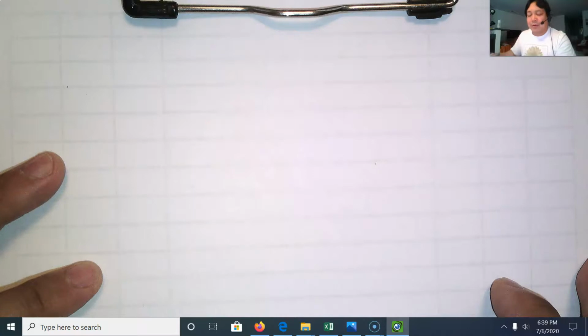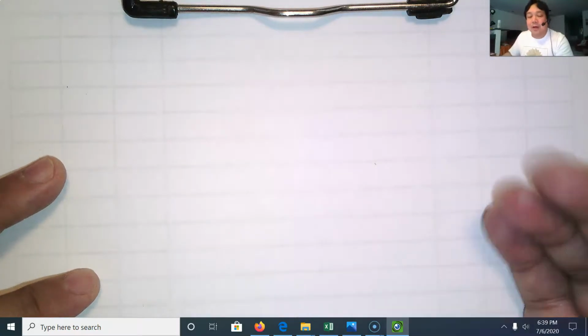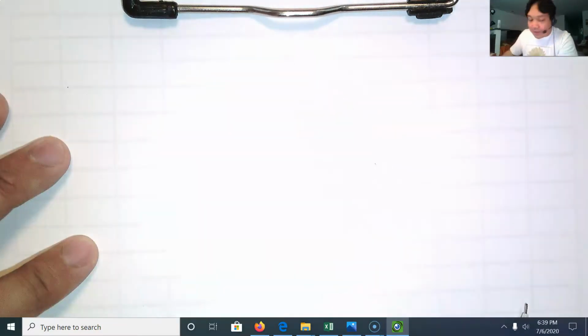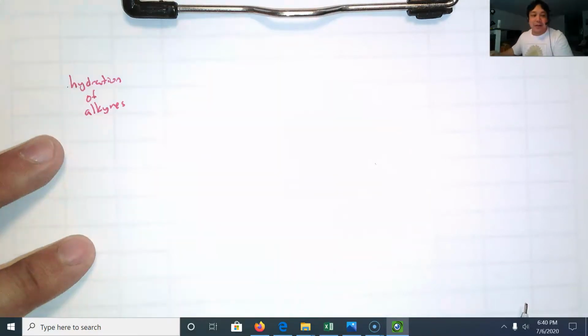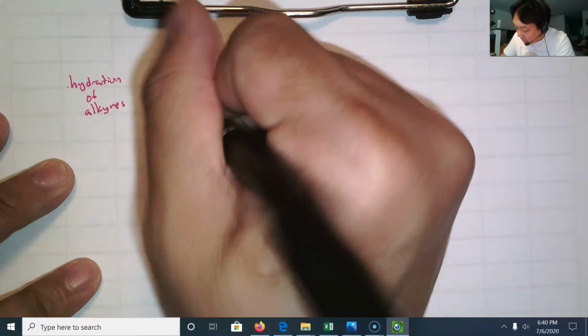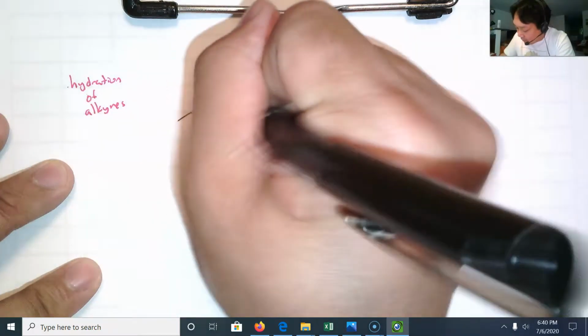So you'll need to make flashcards, and if you think you're going to forget a very important organic 1 reaction, make a list of organic chemistry 1 reactions that you know you're responsible for, and you are responsible for it if I go over it. The last one is hydration of alkynes, terminal alkynes. And let's give an example right there.